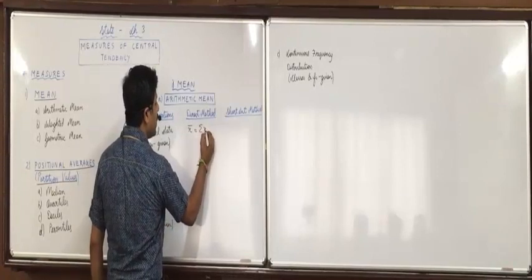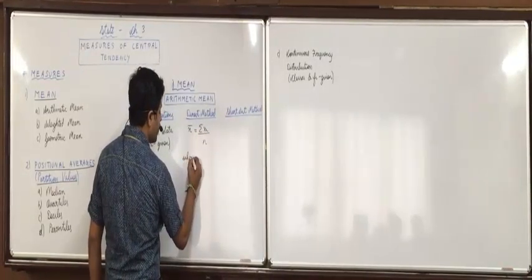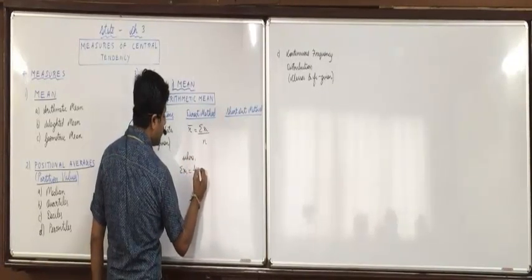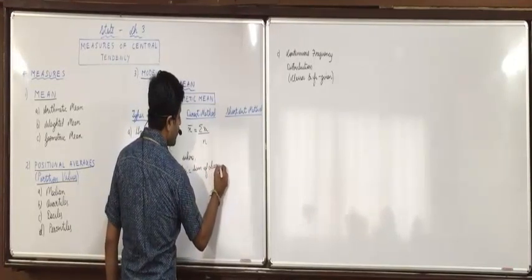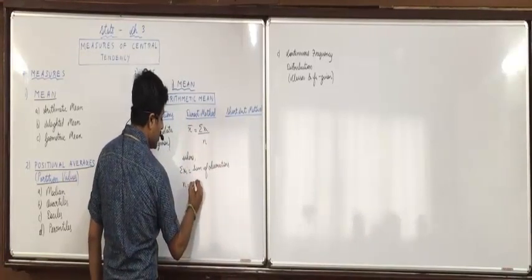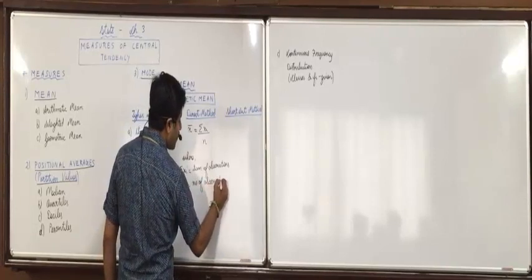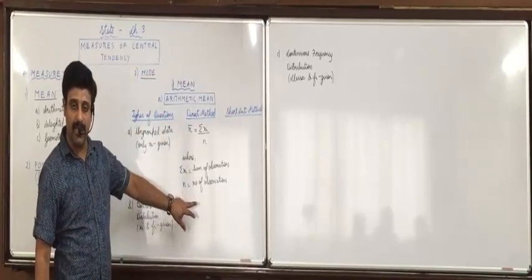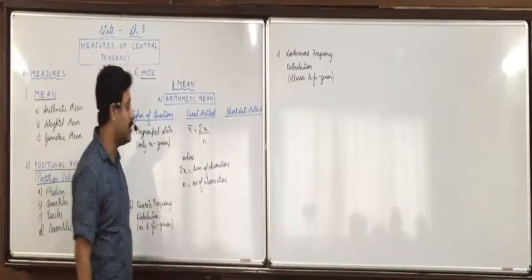So sigma xi upon n, where sigma xi is the sum of observations and n is the number of observations.